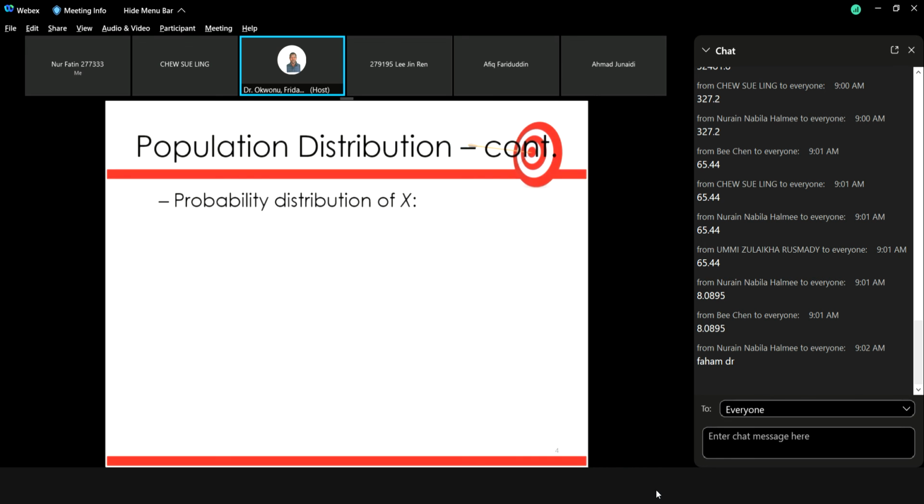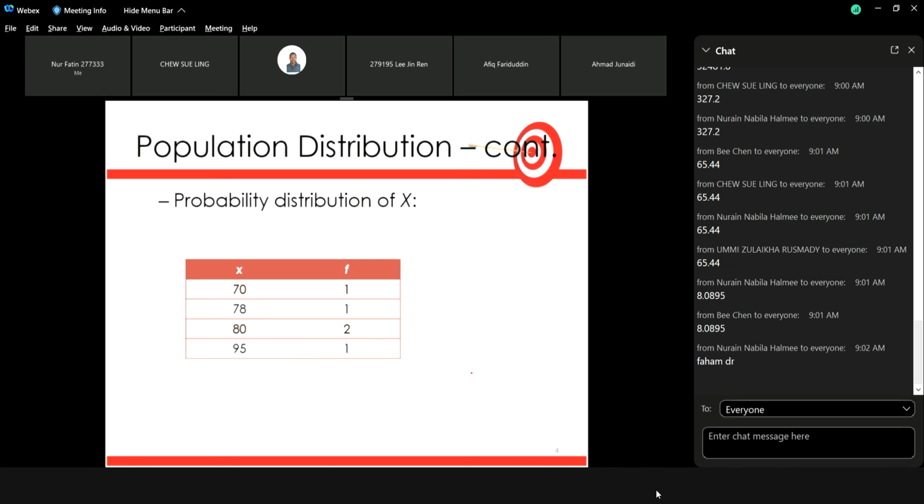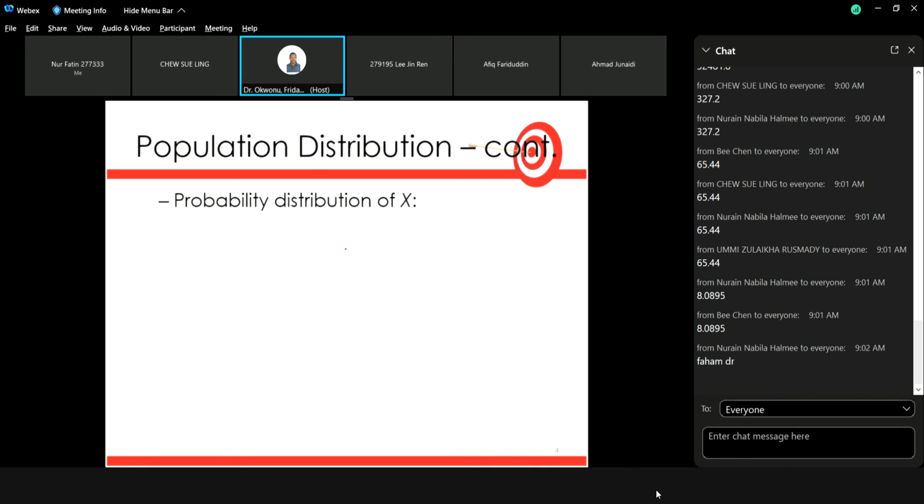So now we talk about the probability distribution of X. So you see here we have 70, 75, 80, 80, 95. Okay, so we can form the probability distribution here. So we say X, we say frequency. Look at it.